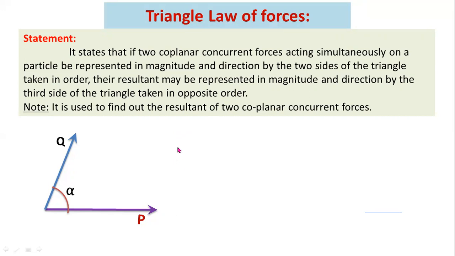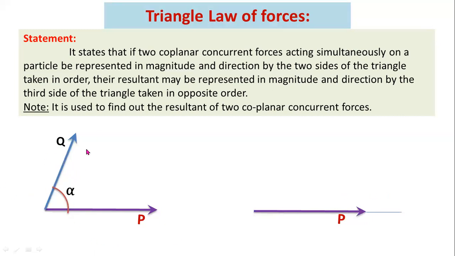For determining the magnitude of the resultant, you have to draw a force P like this. Here I am taking the first force as it is. Then after, you have to take the second force here.